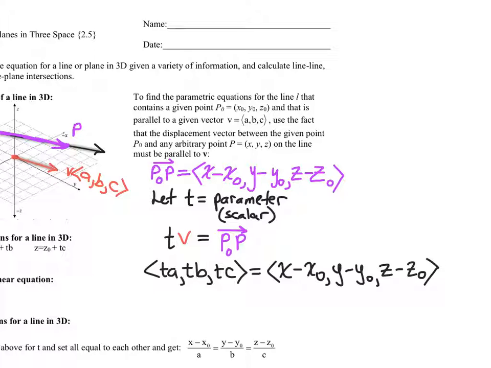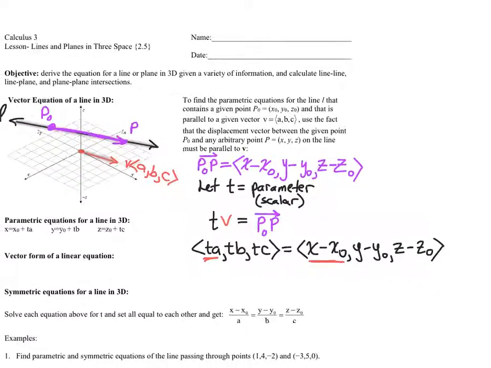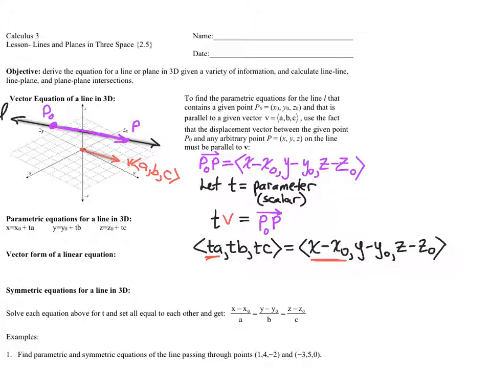All right, now if there's going to be equality here, then t times a should be equal to x minus x sub o. That's where our first formula comes from.